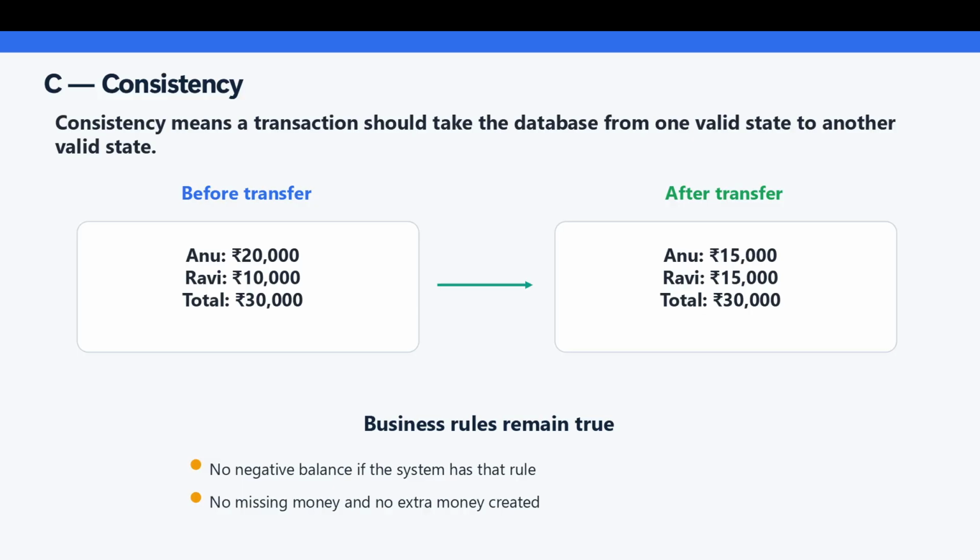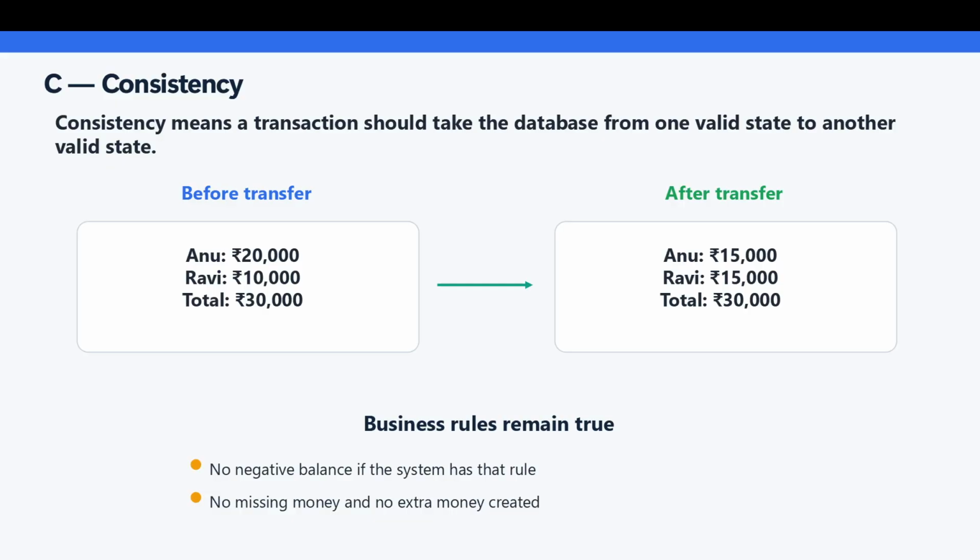But consistency is not limited only to checking the total amount. It also means that all the rules and constraints defined in the database must remain valid. For example, suppose the bank system has a rule that the account balance should not become negative.